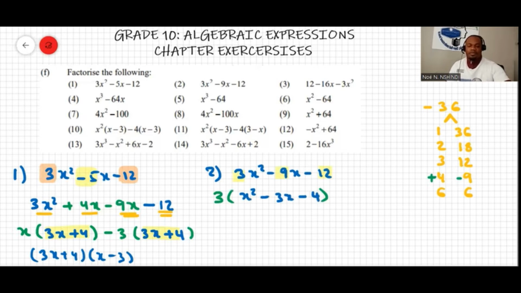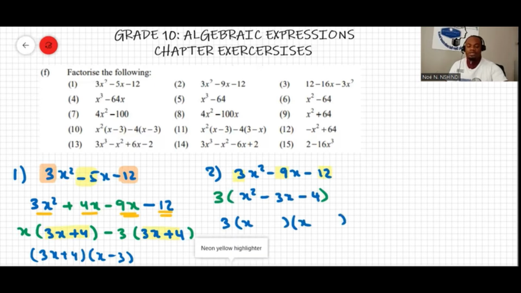Now, because the coefficient of x squared is just 1, we don't see any number in front of x squared, so I can just write x in each bracket like this. Now I'm going to consider the last term, -4. The factors of 4 are 1 and 4, 2 and 2.